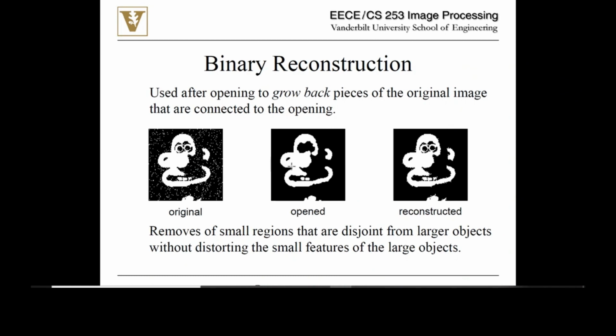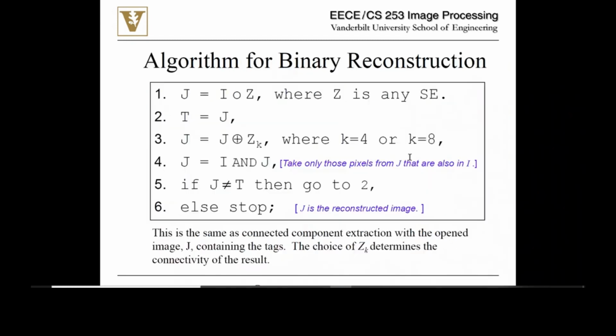Okay, so we have to find some other way of combining the operators to recover the eyes. So the following steps are called binary reconstruction. You start with an image, you compute the opening, and now you start to iterate.